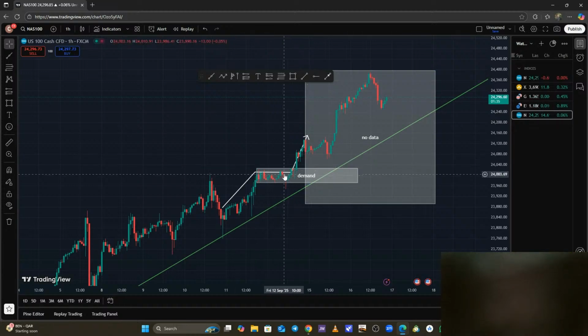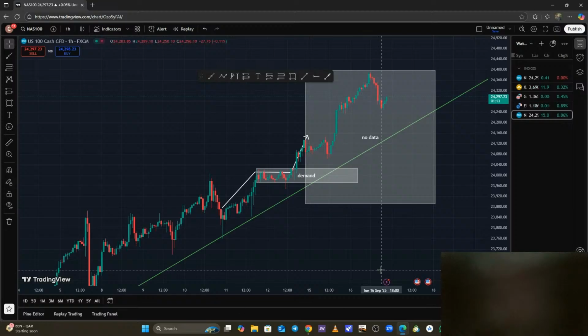The reason I marked the base or the consolidation as my demand zone is because as long as you see consolidation, that means orders are being accumulated at that specific level. So when you see this consolidation, orders are being accumulated at that specific zone.